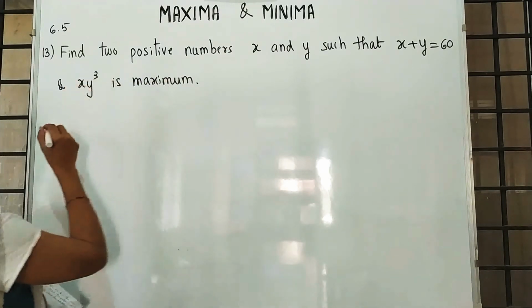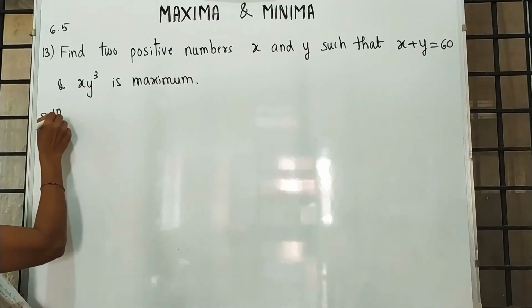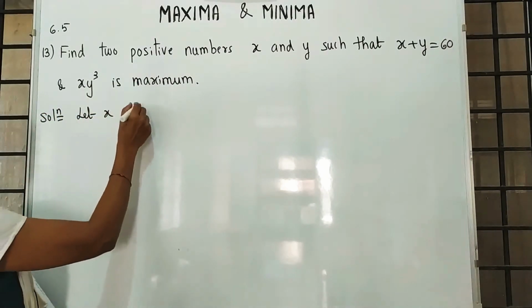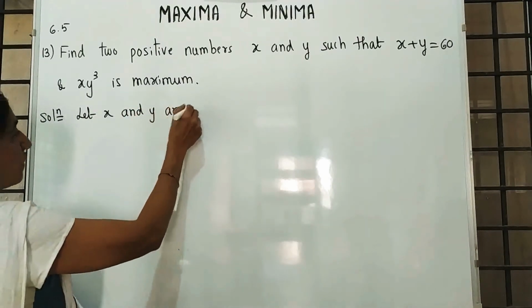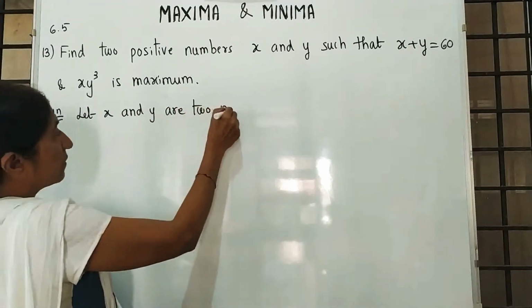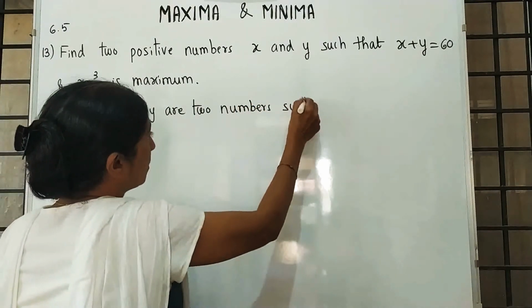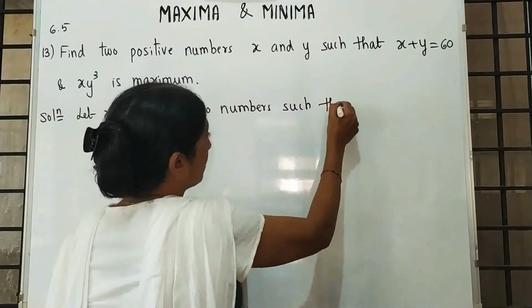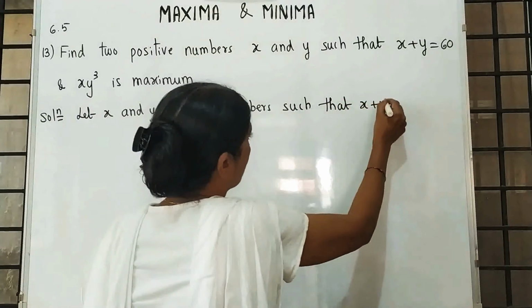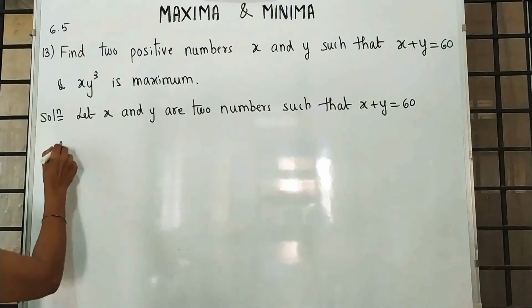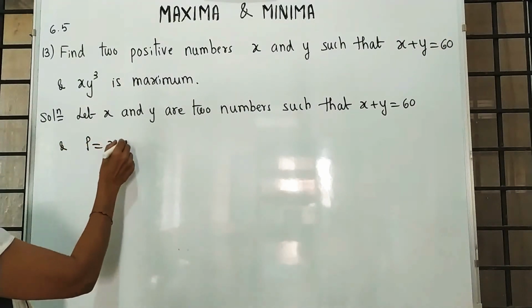Here, let x and y be two positive numbers such that x plus y is equal to 60 and P is equal to xy cube.